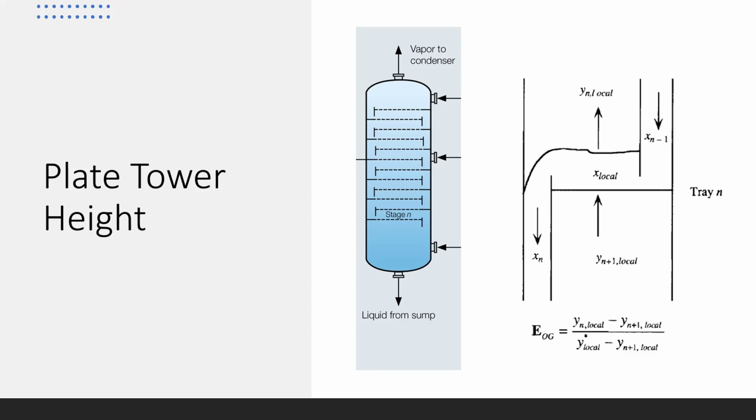Typically, the values of efficiency in an absorption tower can be between 60% to 80%. And to determine the actual efficiency of every plate, you really have to construct a pilot absorption column to determine the actual efficiency of each of your trays.